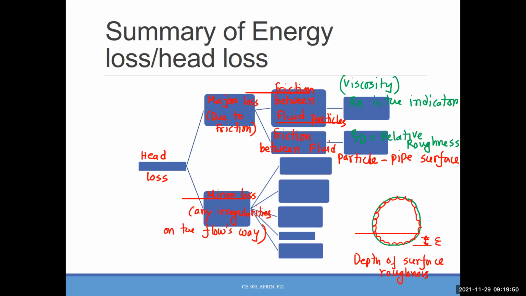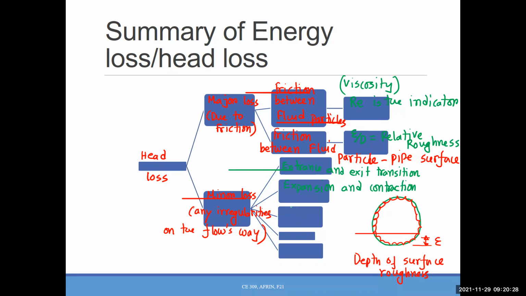And for the minor head loss, there are lots of things. We will try to identify the top 5. So I will just write down those and we will discuss those briefly. The very first one is entrance and exit transition. We'll discuss what it means. The next one is expansion and contraction.